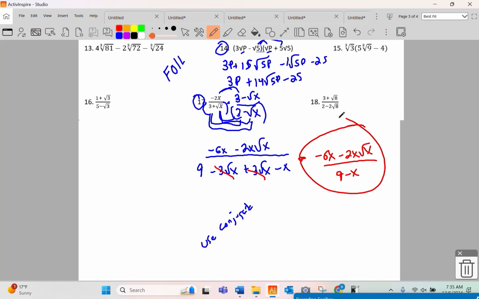And this is supposed to be pretty. This is apparently the pretty version. I don't agree with that, but I do understand why we teach it, because it's important to understand the ideas of conjugates as you move forward into calculus and so forth. So I get why we teach that in mathematics.